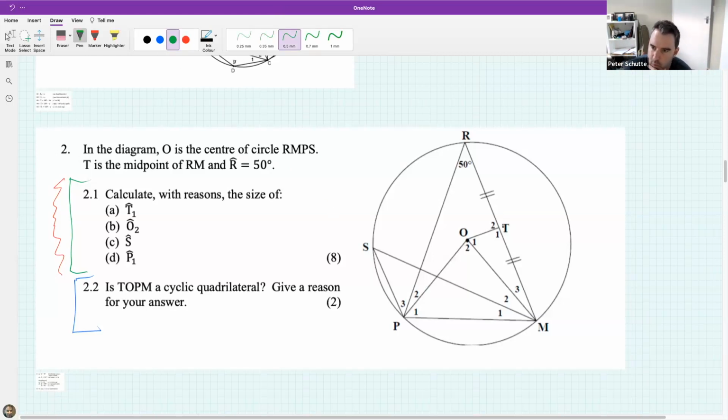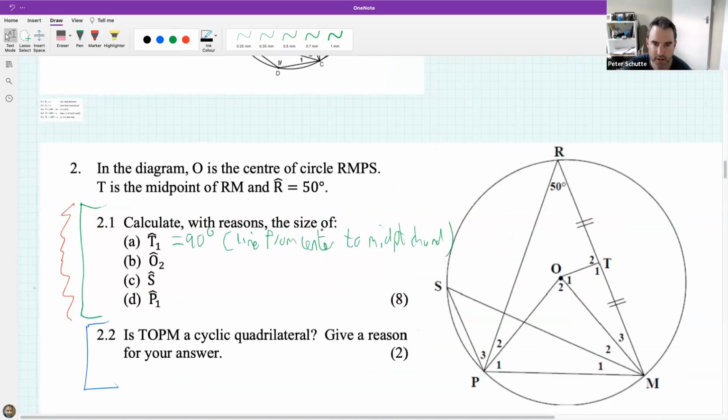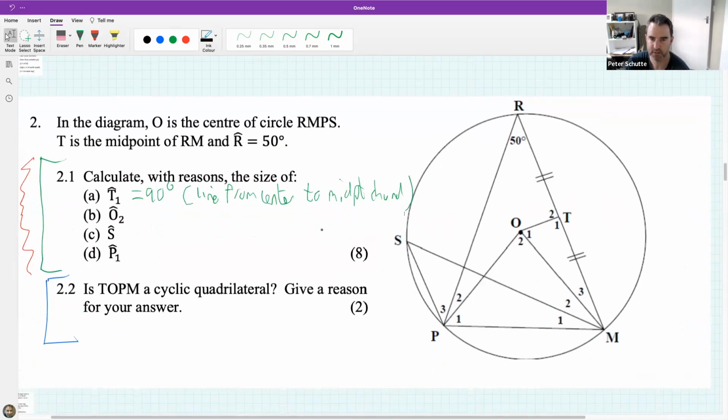Okay, where's T1? So T1 goes to the midpoint of a chord. So it must be 90, and that would be a line from center to midpoint of chord. Let me make this a bit bigger so it's easier to write. So this over here must be 90. That must be 90.